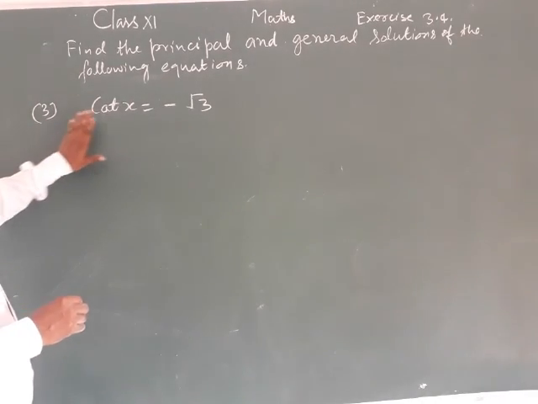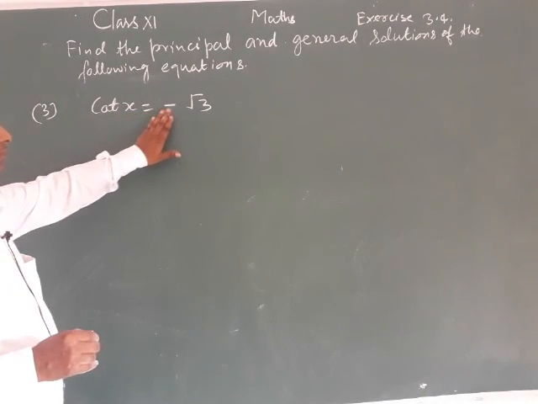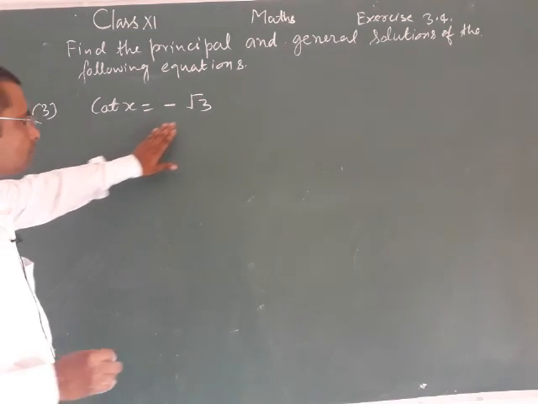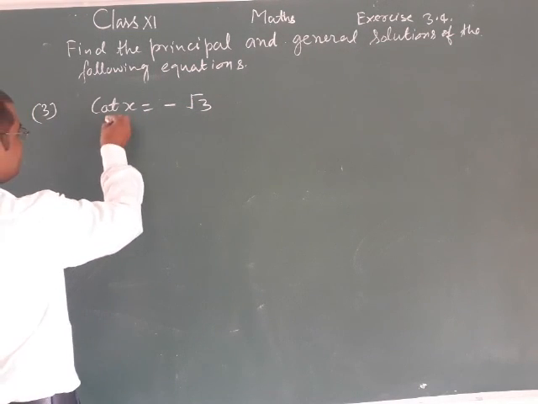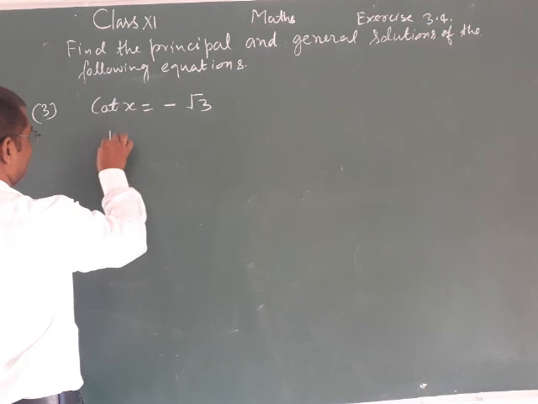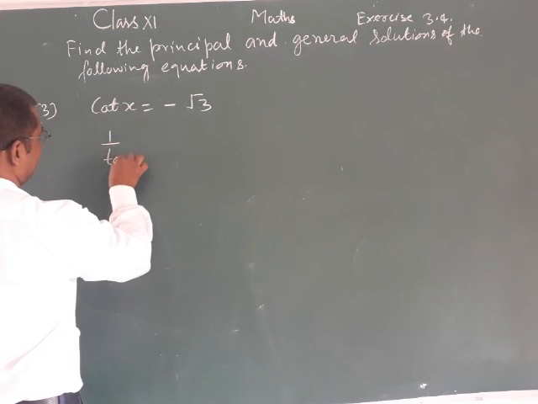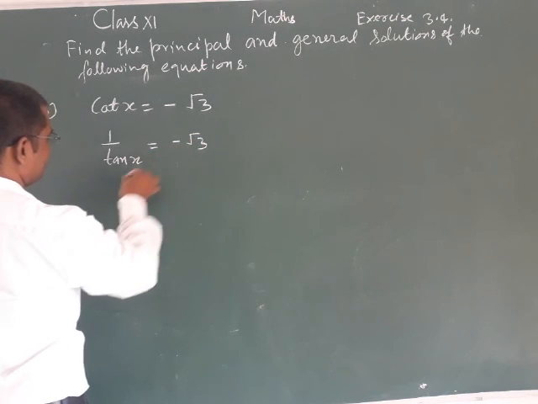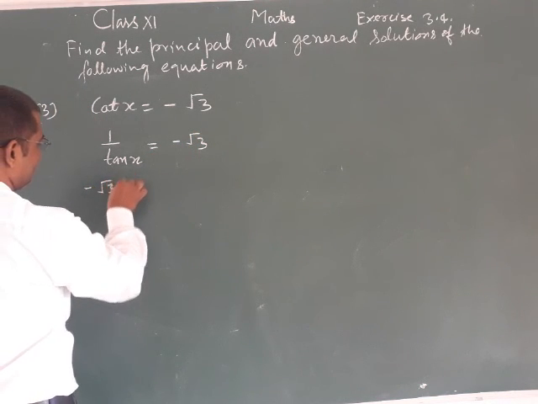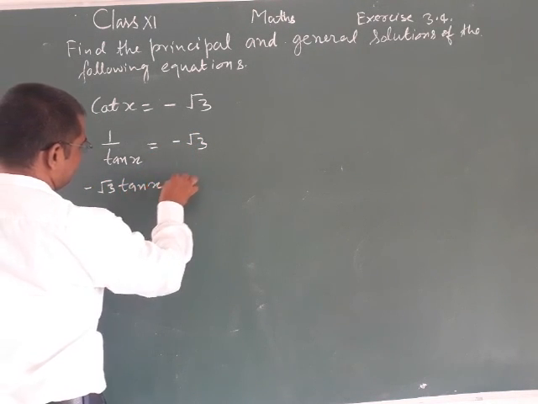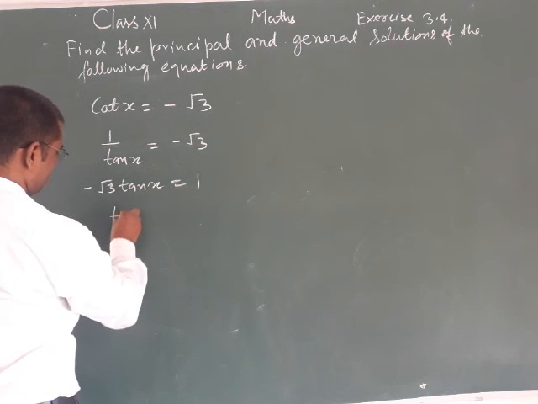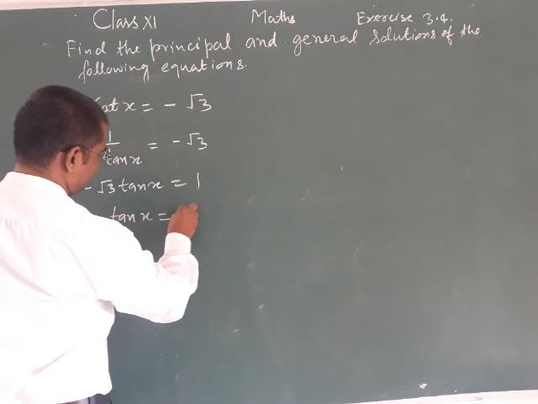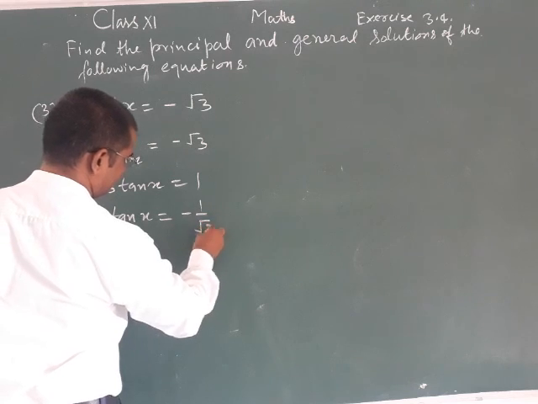Question number 3, cot x is equal to minus root 3. Now change to tan: 1 upon tan x is equal to minus root 3. So tan x is equal to minus 1 upon root 3.